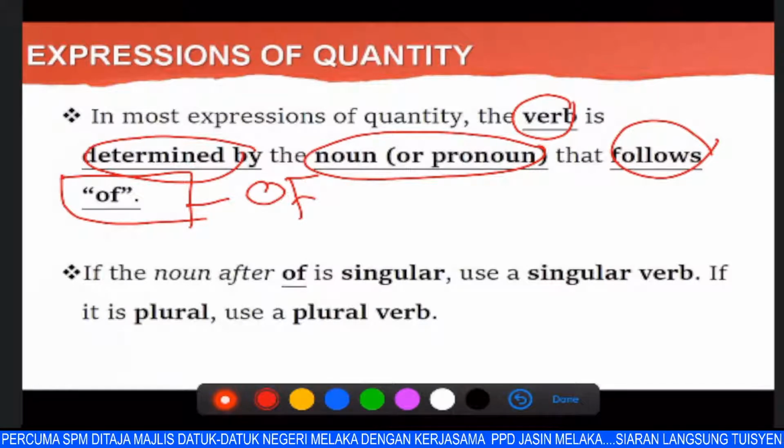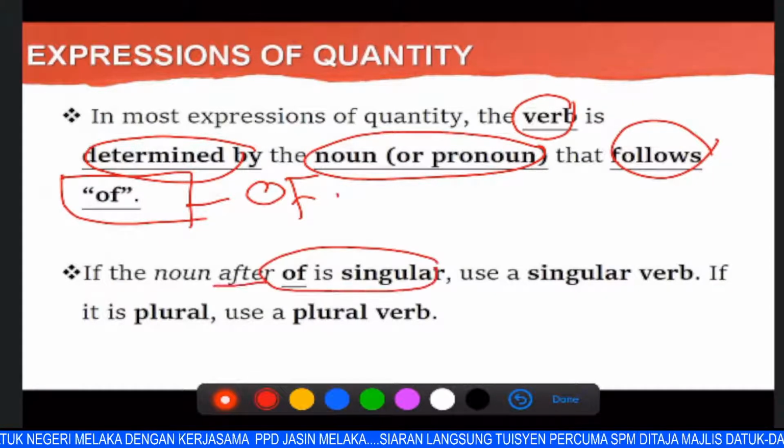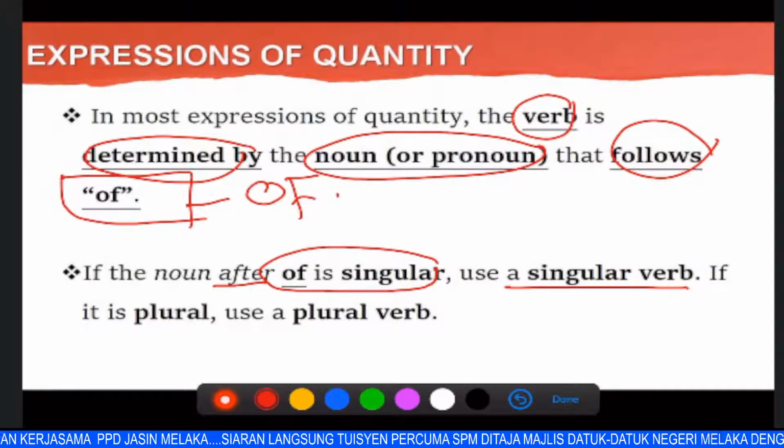If the noun after of is singular, use a singular verb. Look here. If the noun that follows of is singular, we use a singular verb. But if the noun that follows of is plural, we use a plural verb.